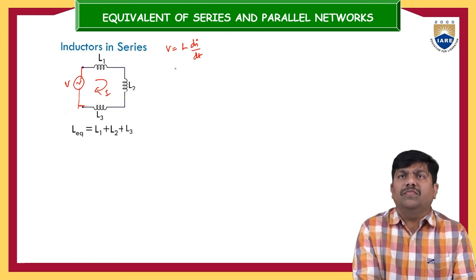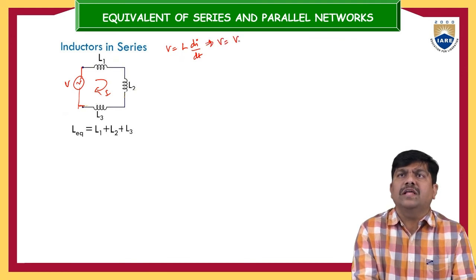Now, the drop across each inductance. Supply voltage is equal to the drop across L1, plus the drop across L2, plus the drop across L3. So VL1 is L1 into di by dt. Why am I not writing di1? Because in a series connection the current is the same.